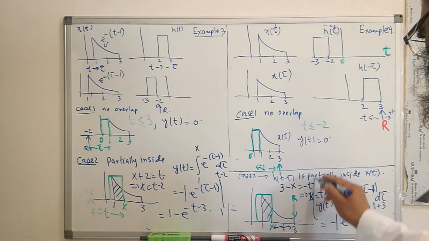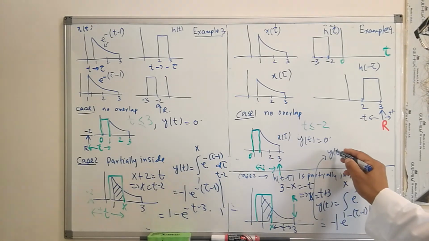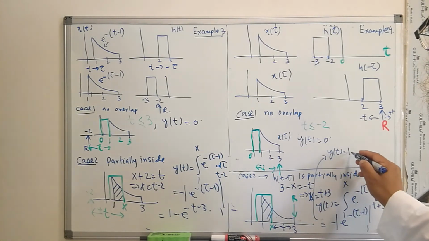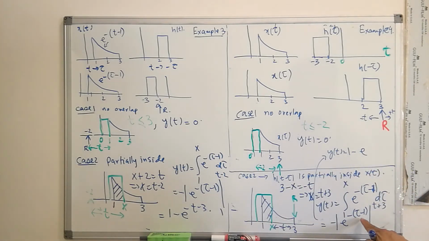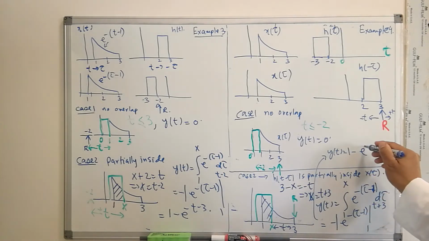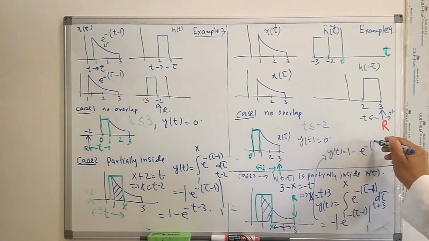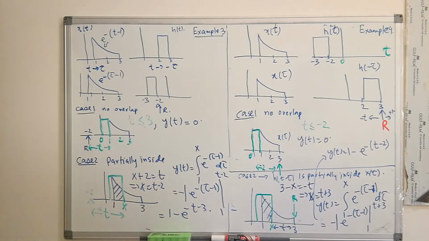So I will just write it down here: y of t is equal to 1 minus e raised to the power minus (t plus 3 minus 1), so it will be t plus 2 in this case.